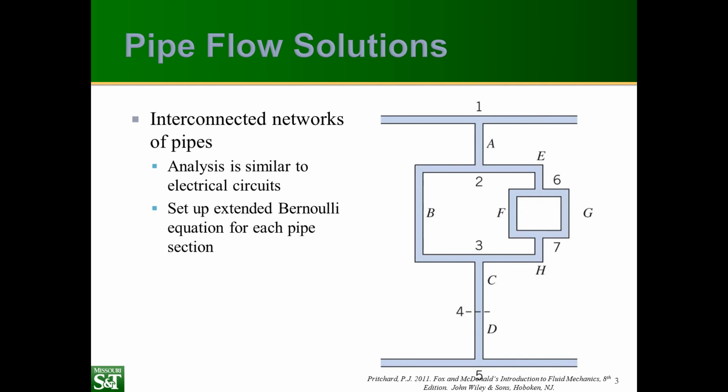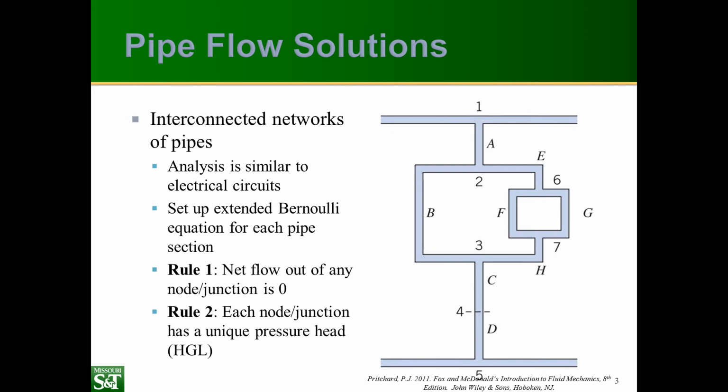Typically, we perform these solutions using Excel or MATLAB or some other tool. We set up the extended Bernoulli equation for each pipe section, and then we solve n equations simultaneously. Now there are a couple of rules. The first is that at each junction the mass flow in has to equal the mass flow out, and that's just from conservation of mass.